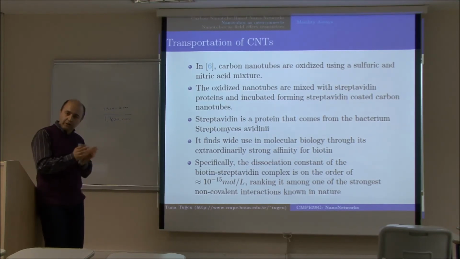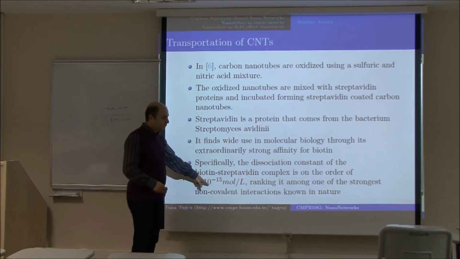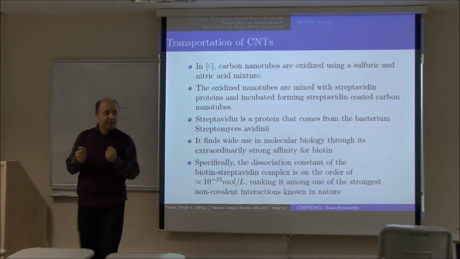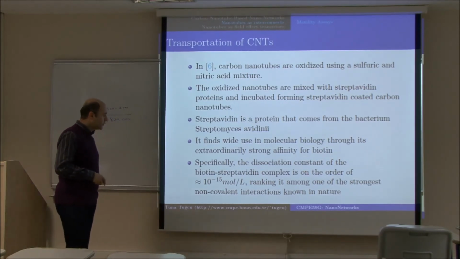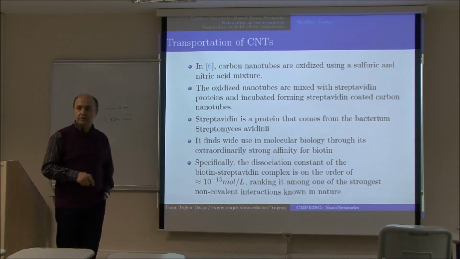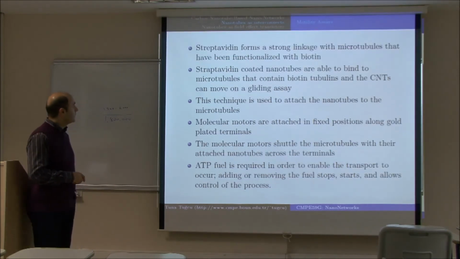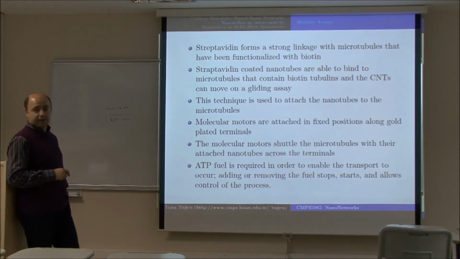They want to keep together. Since this number is very small, they have higher affinity. So it's ranking among one of the strongest non-covalent interactions known in nature. Okay? So streptavidin forms a strong linkage, therefore, with the microtubules that have been functionalized with biotin, covered with biotin.